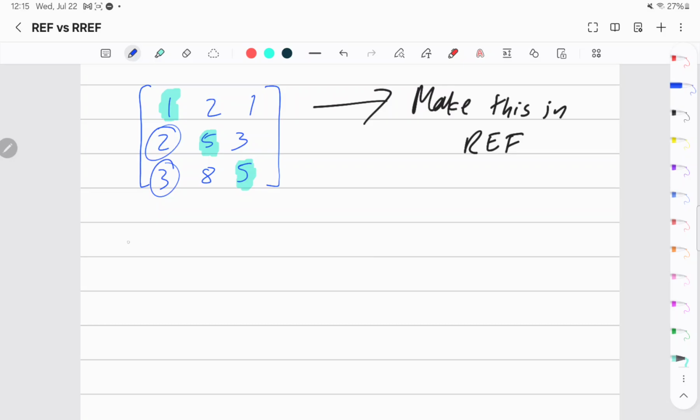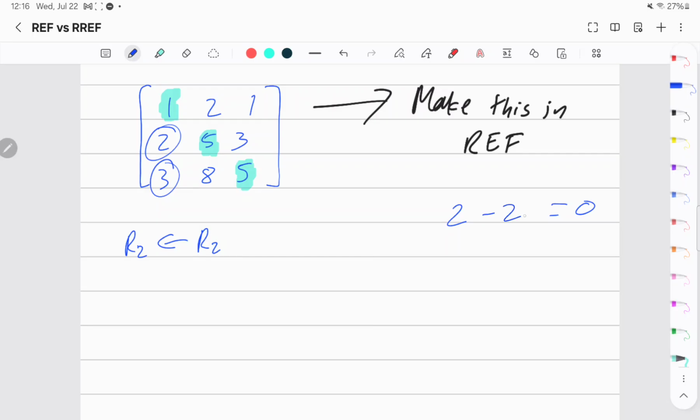My very first pivot point, I can make the entry below it 0 by changing this row 2 into 0, right? So I need to combine this 2 in row 2 with something from row 1 that makes it 0. What can I add or subtract with this first one?